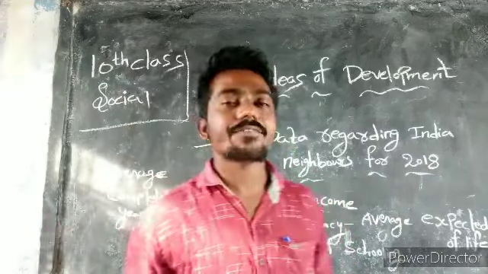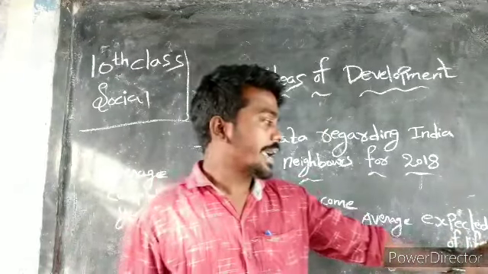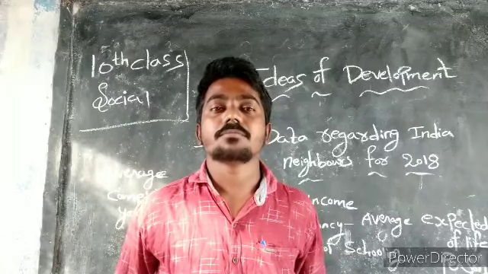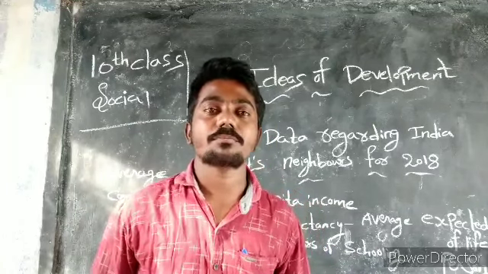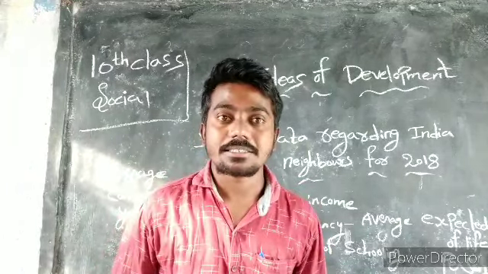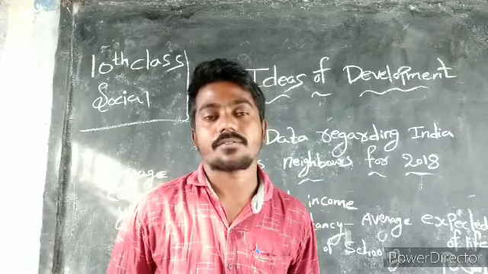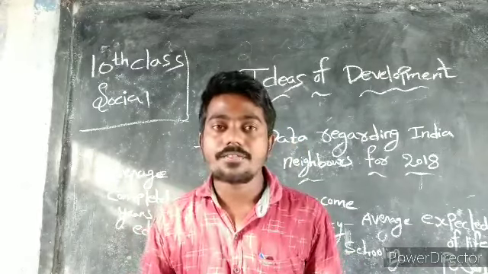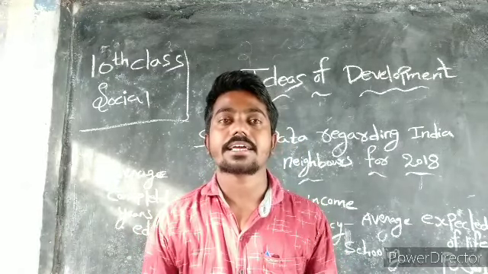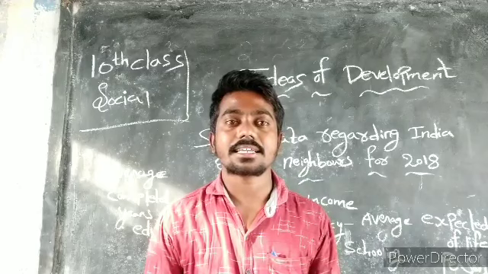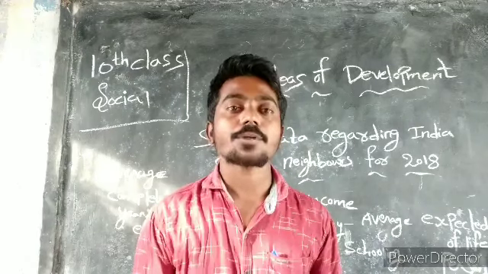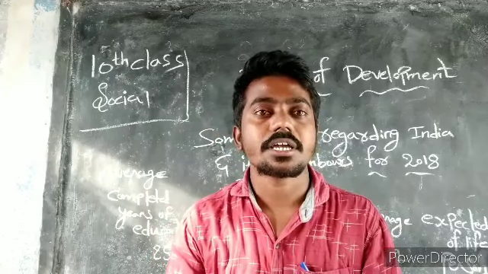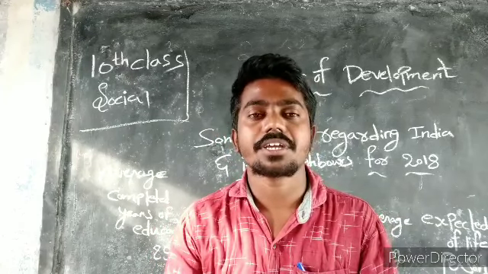And next, life expectancy means average expected length of life of a person from birth. Okay, from birth onwards, how long the people are living in our country. Coming to the next, mean years of schooling means average completed years of education below 25 years.